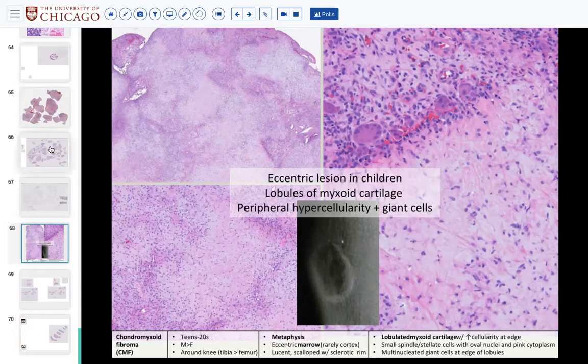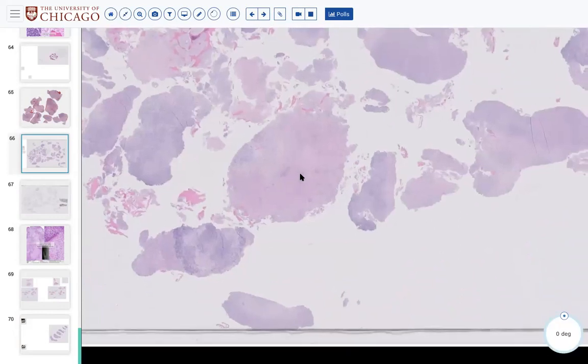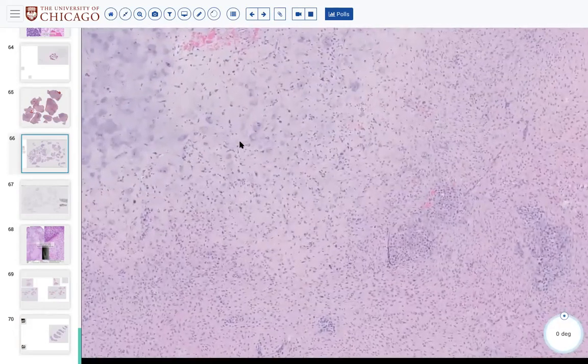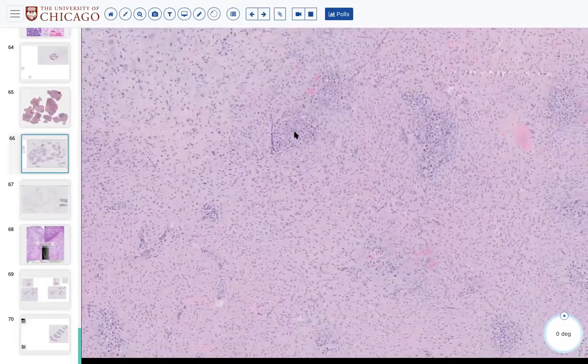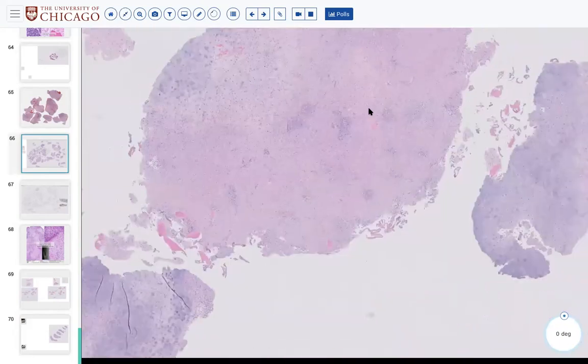And so I wanted to share one of these cases with you because of the challenges that I had with it. Let me see what am I showing you here? Oh, this is something else.